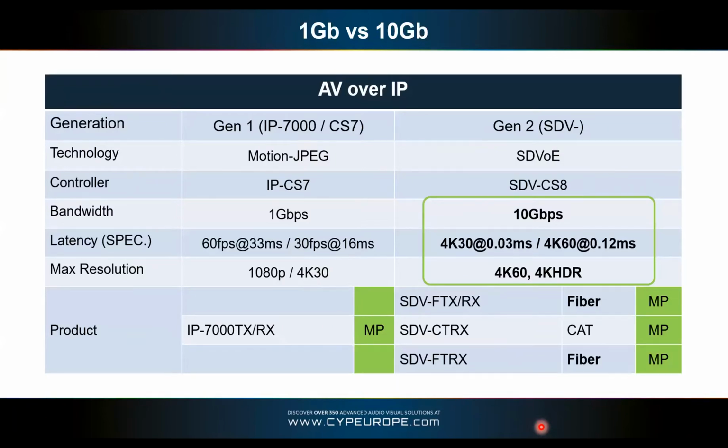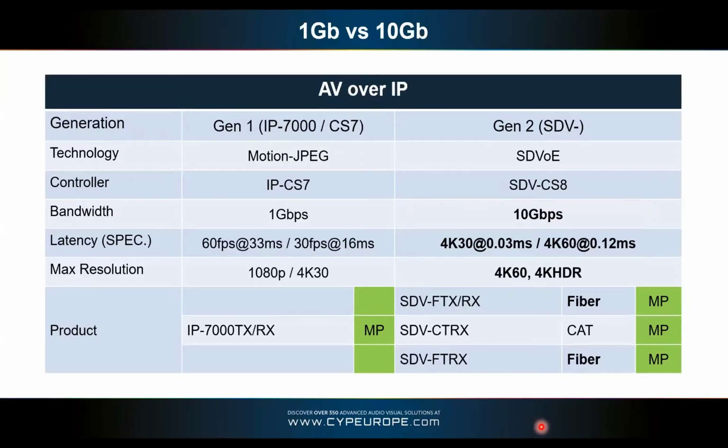That allows you to have lower latency, so much lower latency across the system. And because of the higher bandwidth, you can then pass higher quality signals like 4K 60 or 4K HDR. And as I mentioned, the SDVoE system is available in fiber or copper versions, depending on what the application requires.